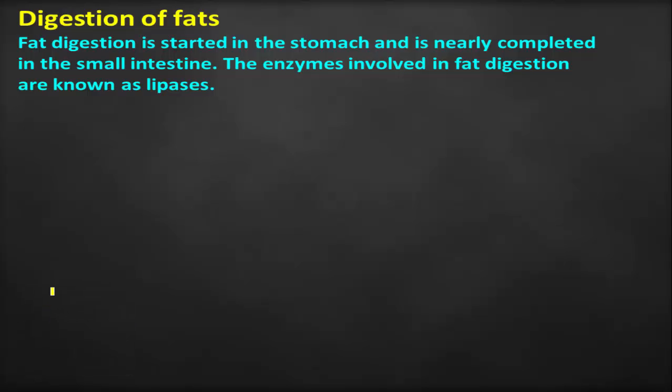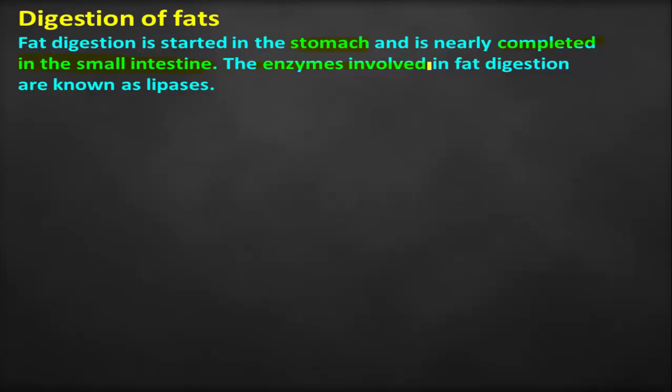Fat digestion starts in the stomach. The stomach stores the food for a longer period of time, and the digestion of fat is completed in the small intestine. Whether it is carbohydrate, protein, fat or nucleic acid, all these molecules are finally completely digested in the small intestine.